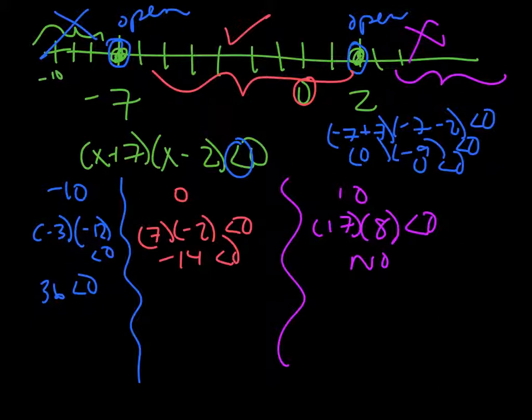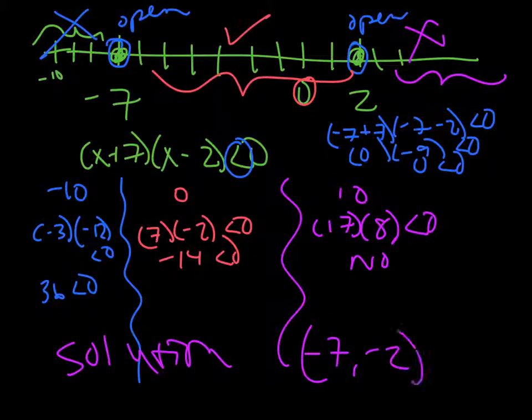So my solution is from -7 to 2, not including the endpoints. When you're giving solutions for inequalities, you're basically giving domains. So it's from -7 to 2.